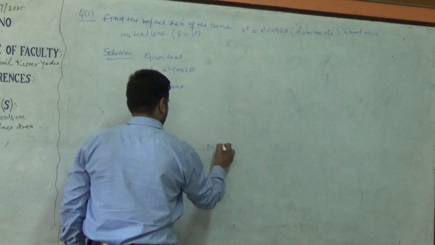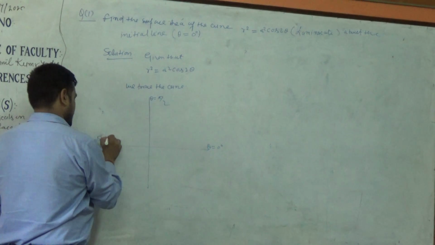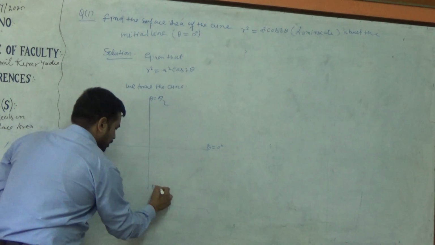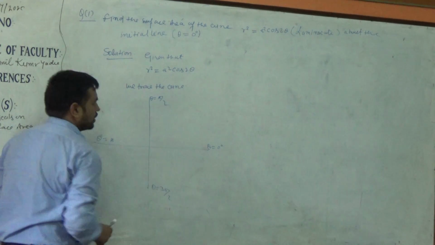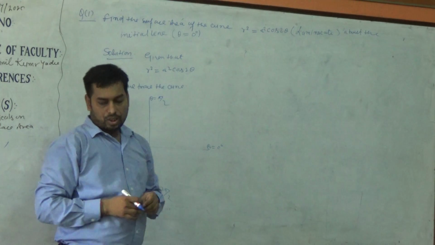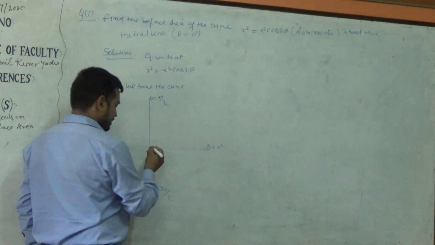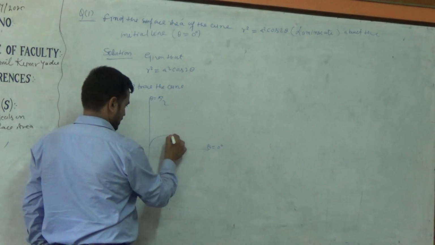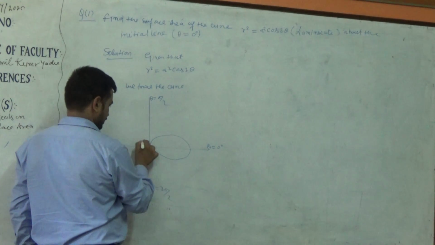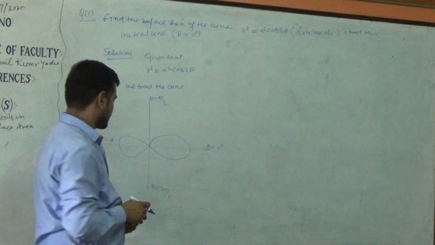Theta equal to 0 degree, theta is equal to pi by 2, theta is pi and theta equal to 3 pi by 2. The curve r square equal to a square cos 2 theta has a figure like this, which is known as lemniscate.